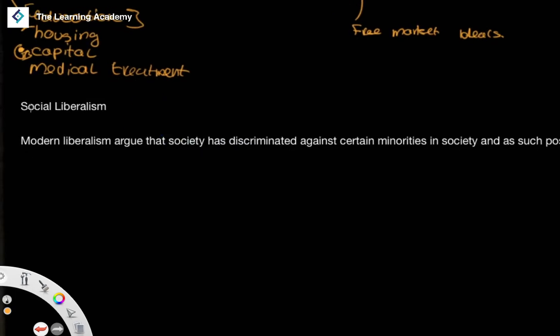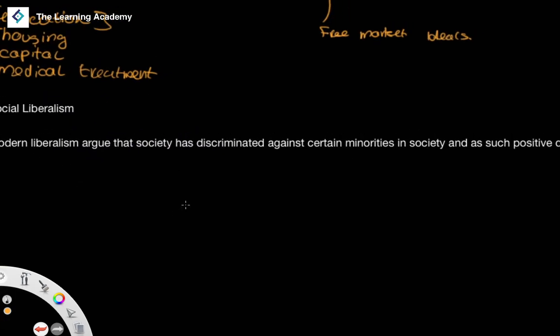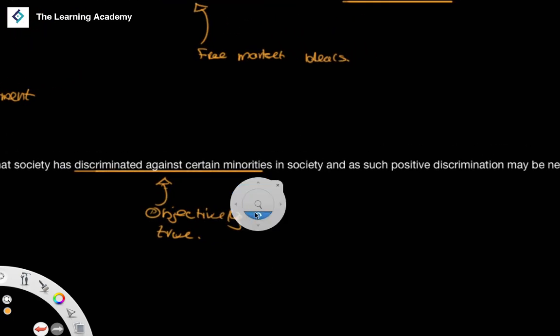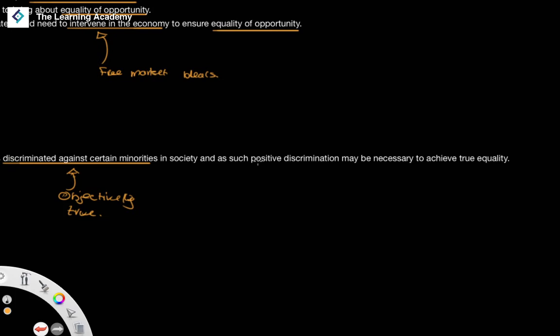We also have the concept of social liberalism. So modern liberals argue that society has discriminated against those of certain minorities. I mean, this is true. So this is just objectively the case. Objectively true. Okay. And as such, there should be a need to push for what we would describe as positive discrimination.